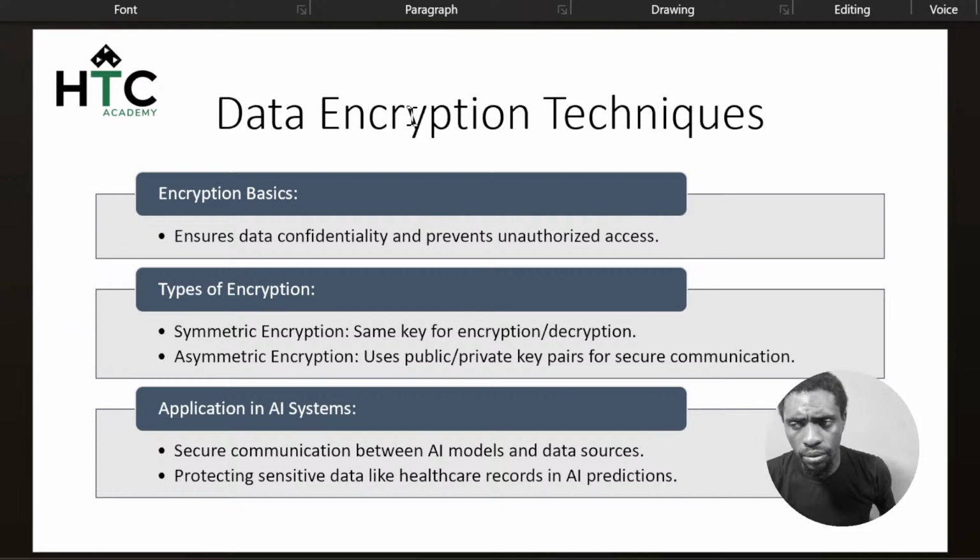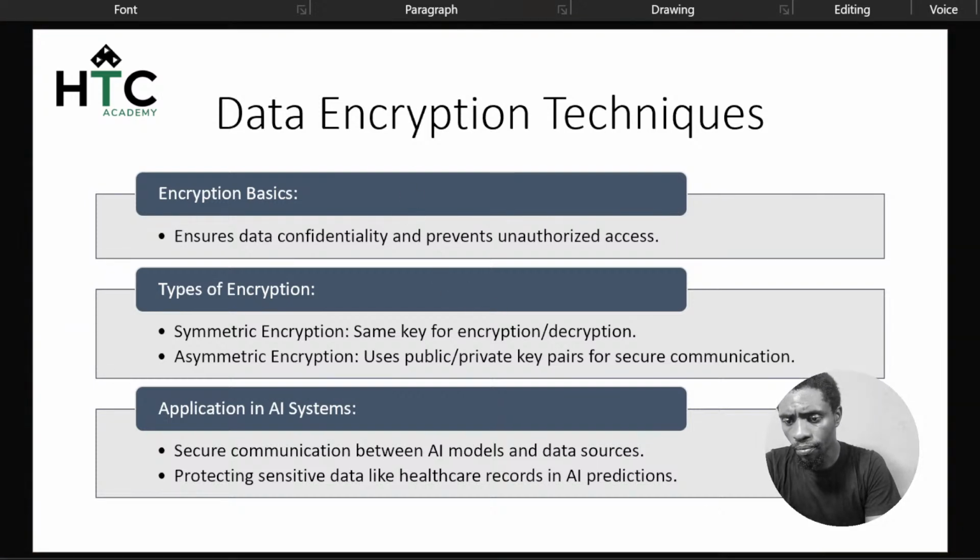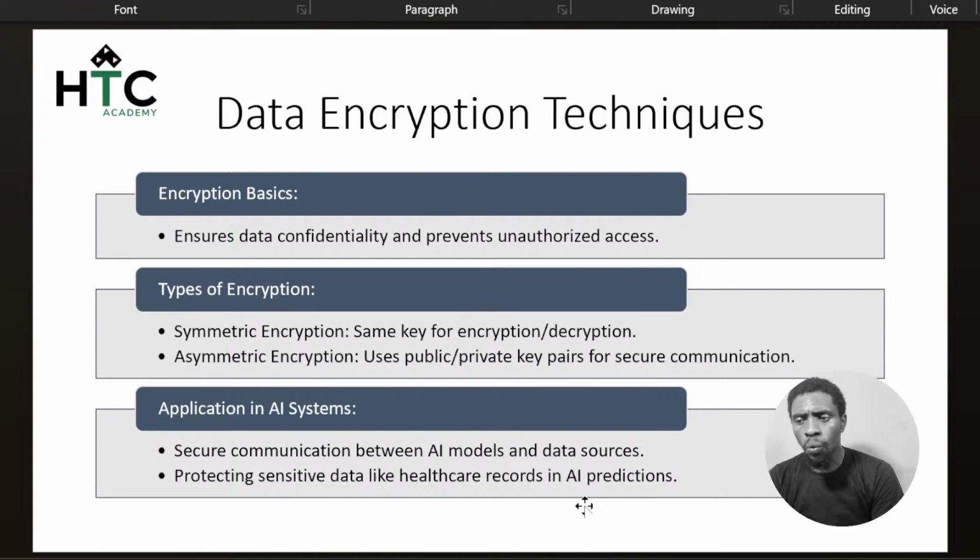Okay, so encryption techniques. Like I said earlier, one of the key ways of ensuring data integrity is encryption.